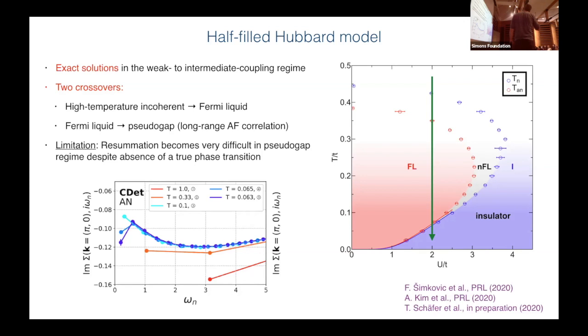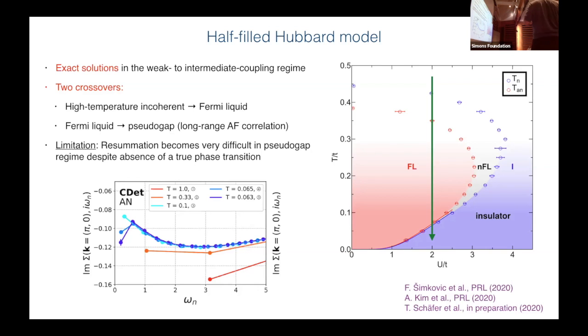Then I enter a Fermi liquid regime with well-defined quasiparticles. And eventually, I get very long-range order. The system doesn't order, but the correlation length becomes very long. It opens a pseudogap, and then you enter a Mott-like regime. And we can really compute this and get the corresponding self-energies using diagrammatic Monte Carlo. So that is a bit the state of the art in the half-filled Hubbard model.